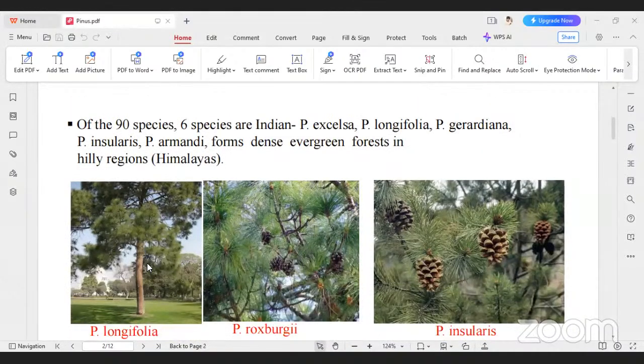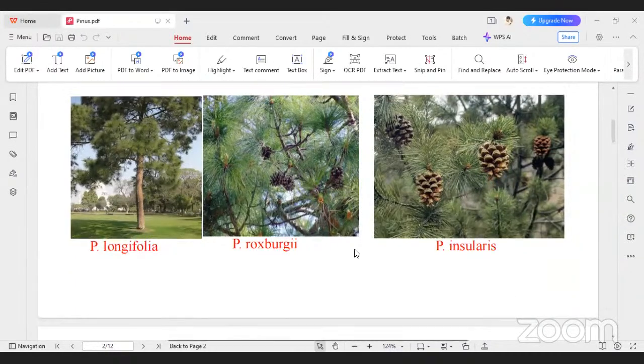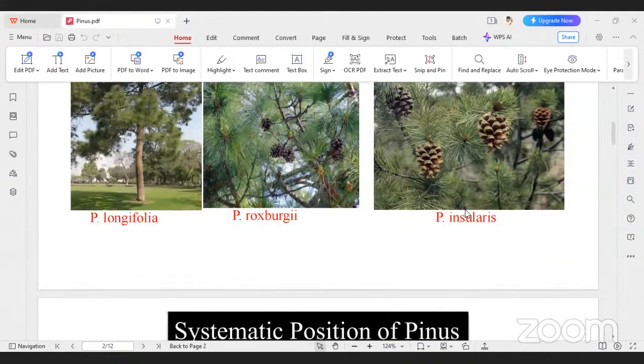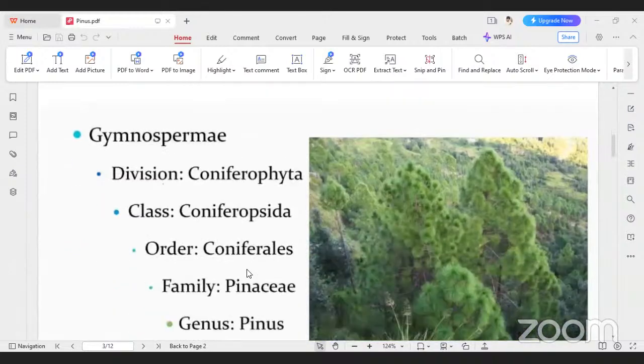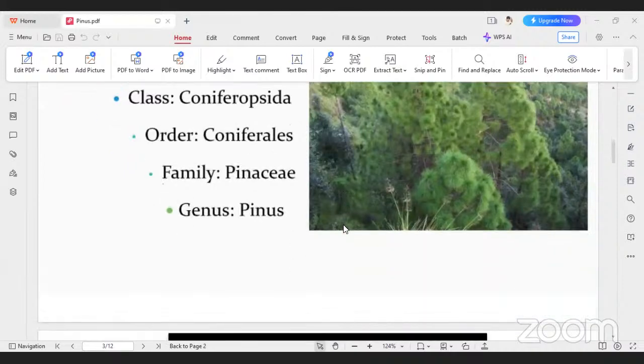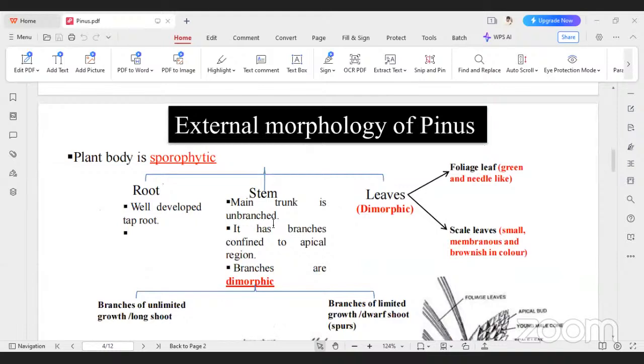This is Pinus longifolia. This is also Pinus roxburghii. This is insularis. So these are the different types of Pinus trees. You must have seen Pinus male cone and Pinus female cone during practical training classes also. The systematic position: Gymnospermae, Coniferopsida, Coniferales, Pinaceae, Pinus. This is the classification.